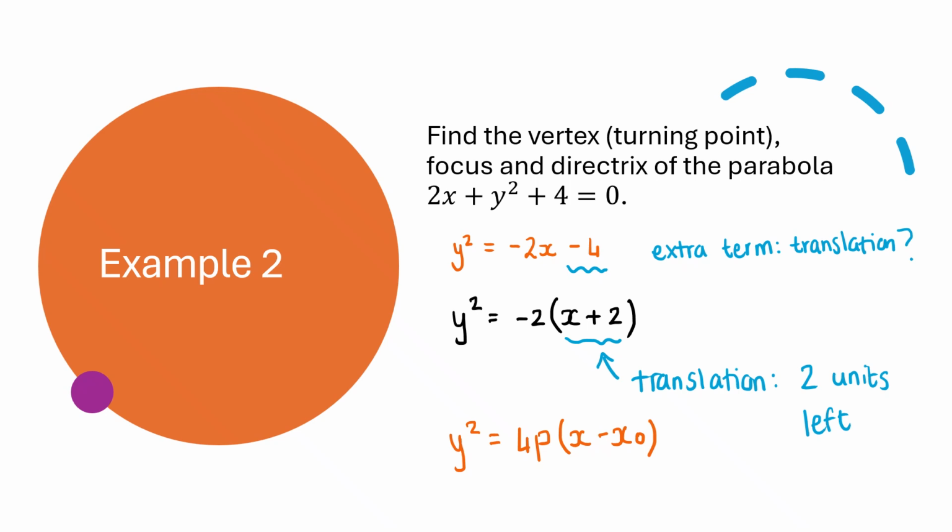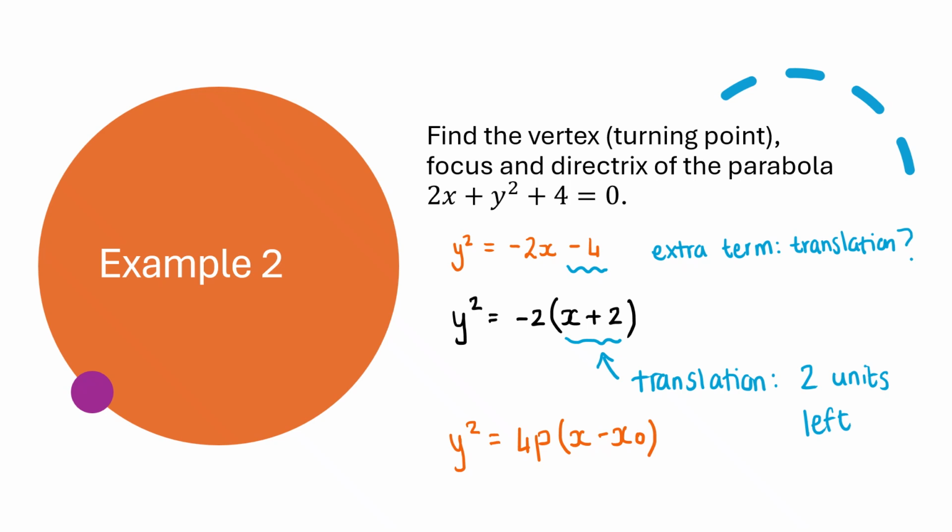Depending on the value of p, this would be either a parabola that opens up to the right or to the left. But in this case, we don't just have y squared is equal to 4px. We have a translation as well, which we could show by this in brackets, x minus x 0.